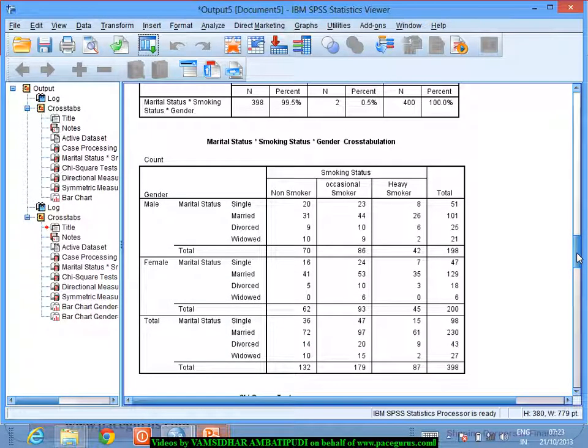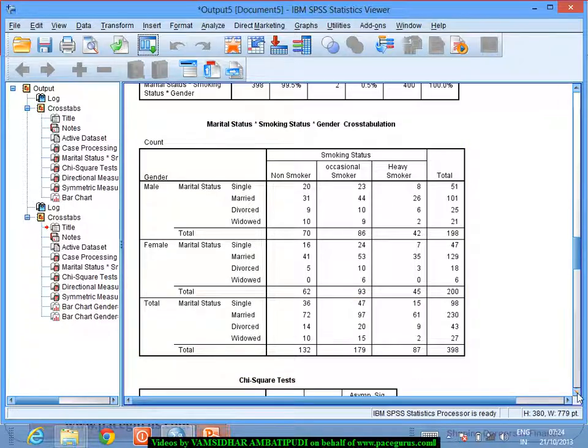In the summary part, I could really see a different cross tabulation now for male. These are the proportions, or these are the numbers, whereas for females these are the numbers. Fair enough. And these are the totals, the split across the various smoking statuses, across the various genders.